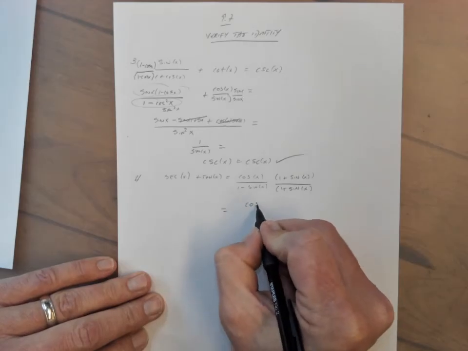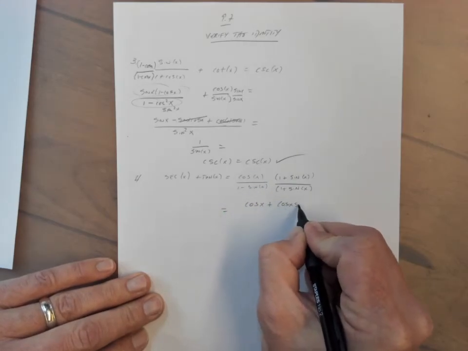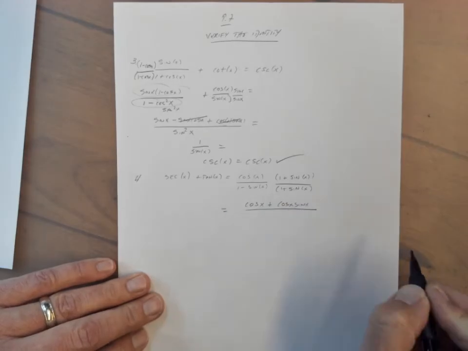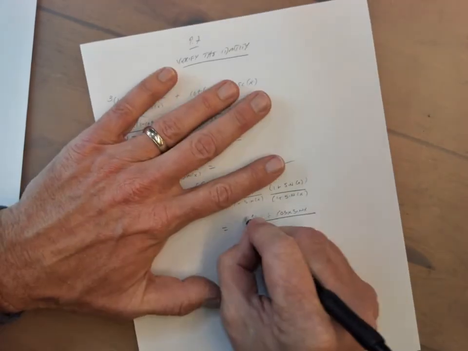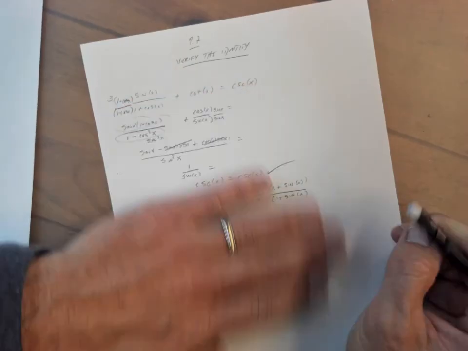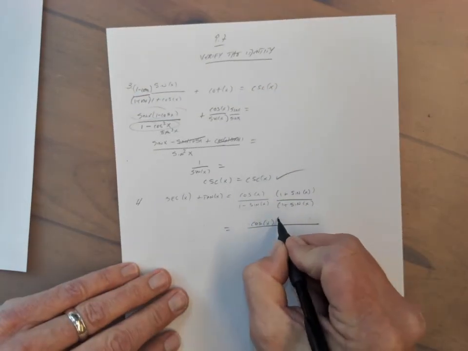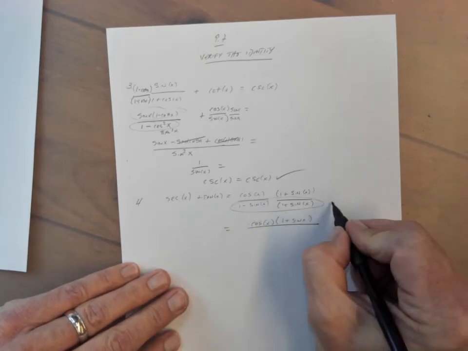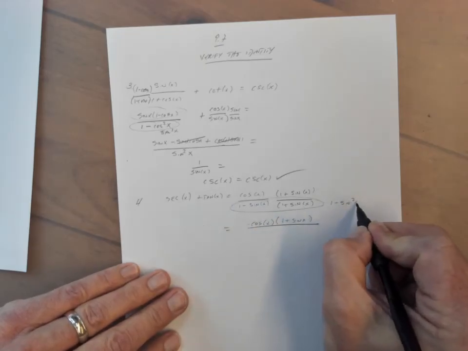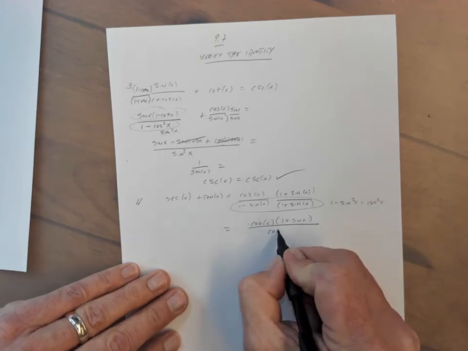And I'm going to end up with cosine x plus, I'm distributing, cosine x sine x. Actually, I'm seeing now that that's a mistake. I'm not going to distribute. You'll see why in a second. And if you did, you would factor it out again. So this is 1 minus sine squared x, which we know is cosine squared x.